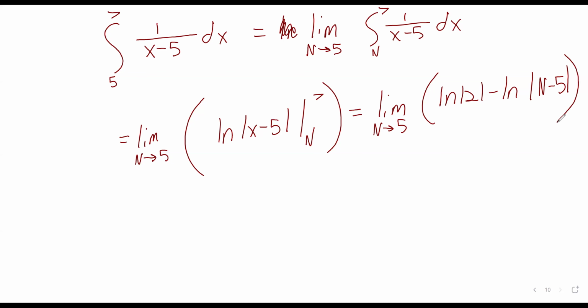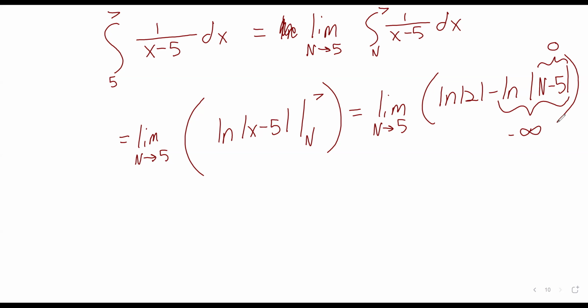And then once again, what happens as n approaches 5 is that this thing inside the parentheses is approaching 0. The natural logarithm of 0 is infinite. I mean, that's an extremely slipshod way of saying it, but we go to negative infinity as we approach 0.